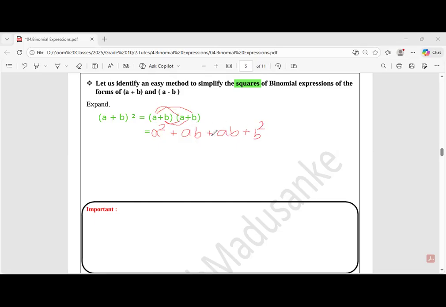Those are like apple plus apple. So, equal to A to the power 2, A squared, plus apple plus apple, 2 apple. So that you can say 2AB, plus B squared.